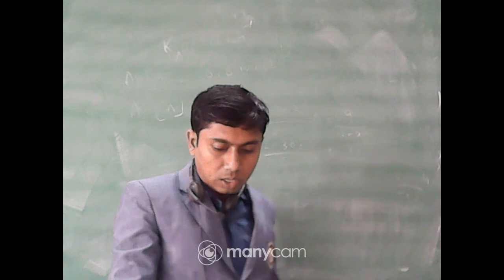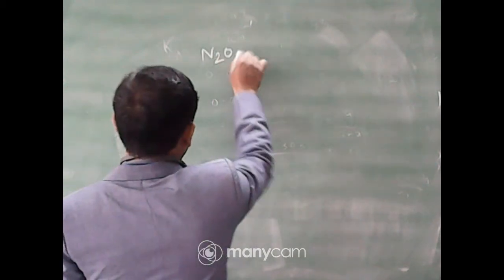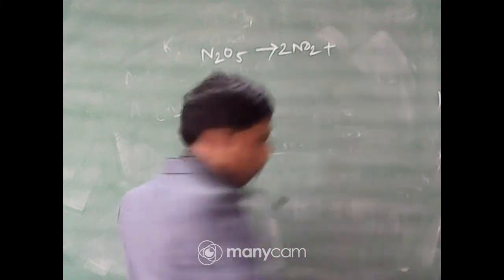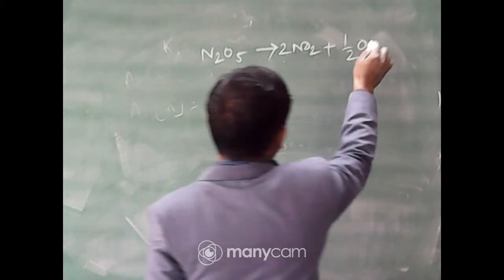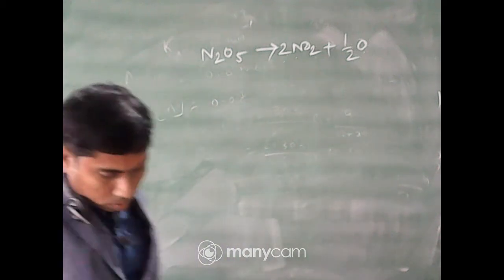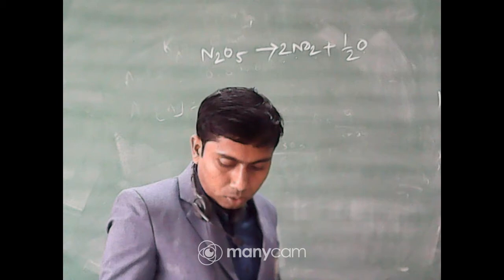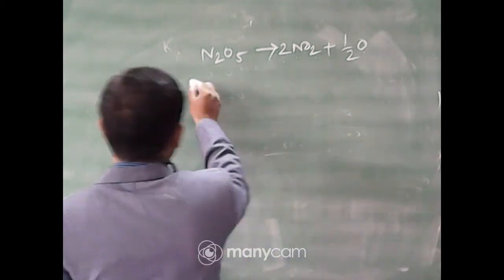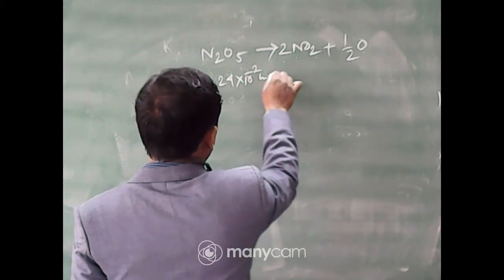The initial concentration of N2O5 in the following first order reaction, N2O5 to 2NO2 plus half O2, was 1.24 into 10 to the power minus 2 mole liter inverse.